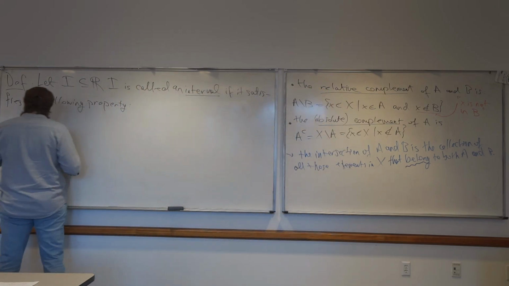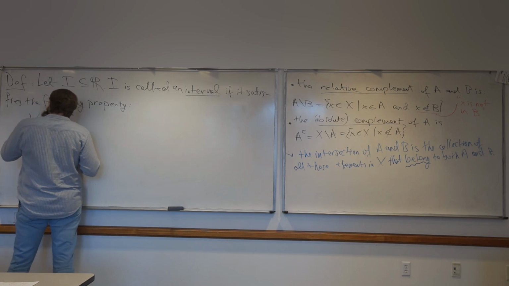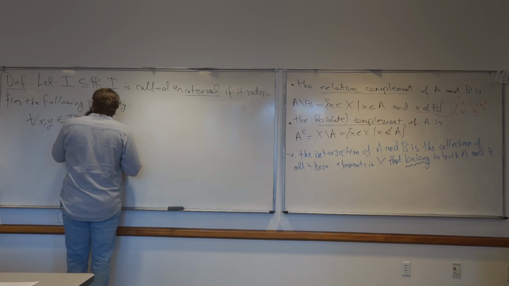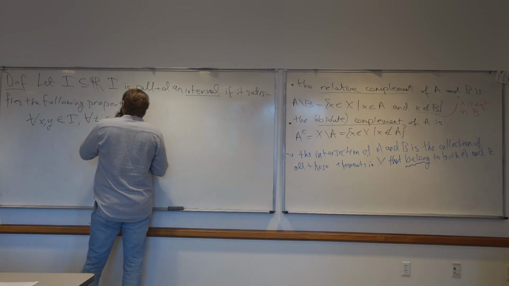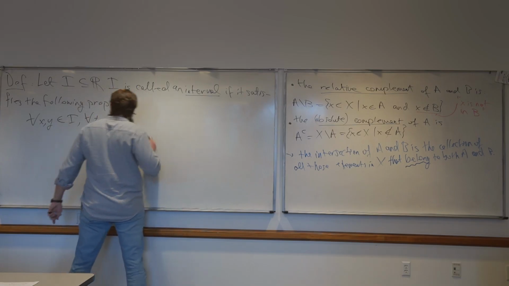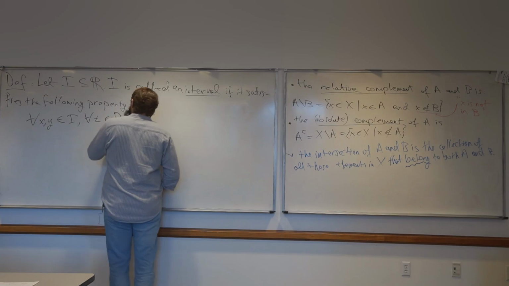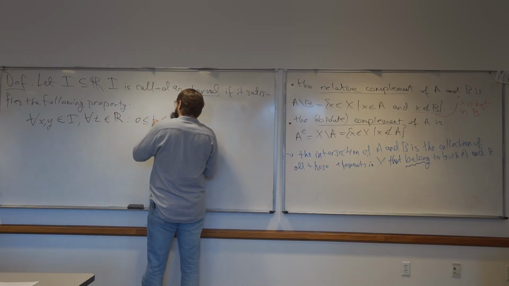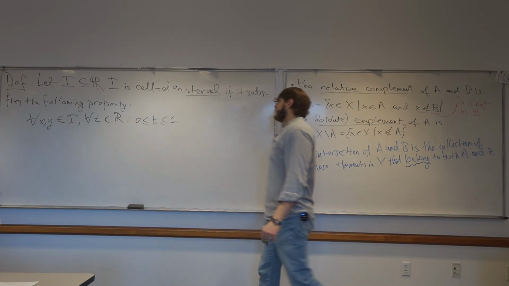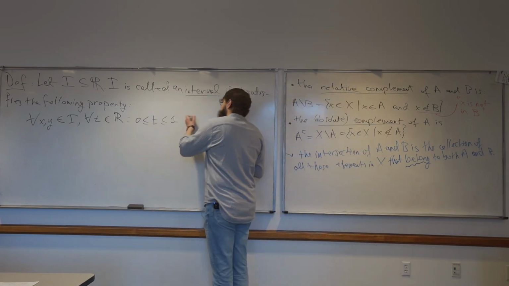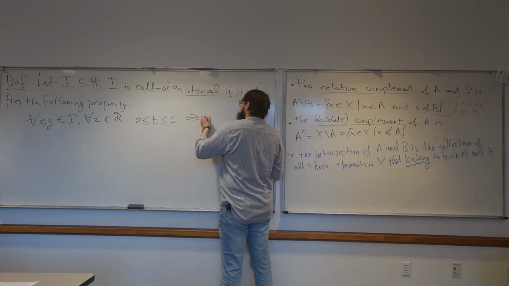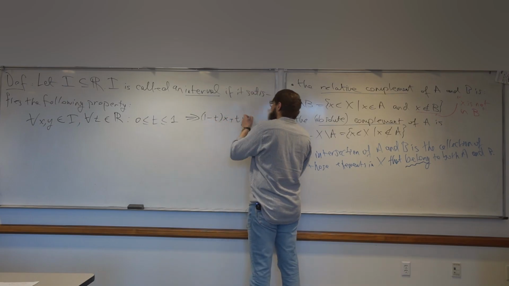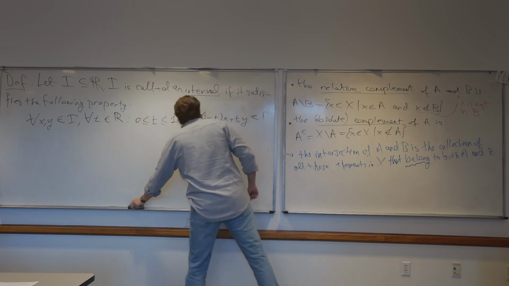Okay? So let's write it using these logical symbols. For any x, y in I, and for any t, let's write it like this, real number, if t is between 0 and 1, then (1 minus t) x plus t y is in I also.